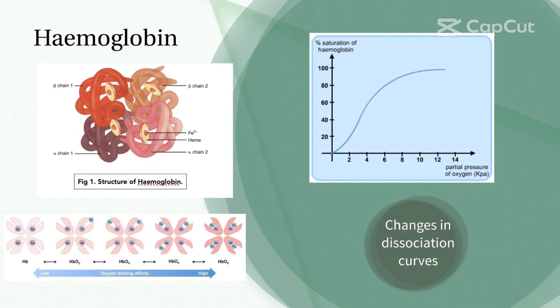And I like to refer everything back to a structure-function relationship. And the reason this is important is because in the lungs, where you have loads of oxygen compared to, for example, the stomach, you want to pick up as much oxygen as possible in the lungs, while getting rid of as much oxygen as possible where there isn't much oxygen, if that makes sense.